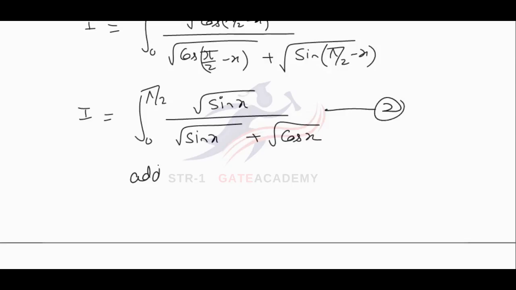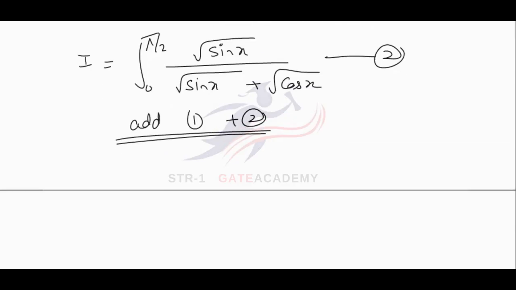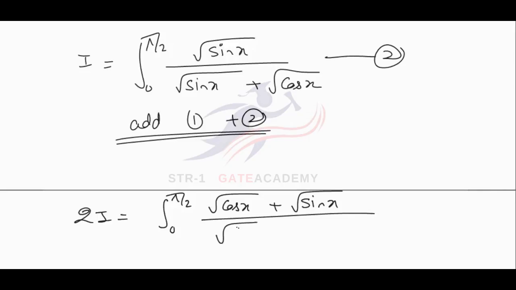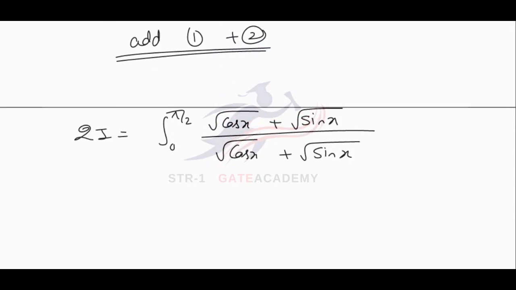Now if I add 1 and 2, what will I get on the left hand side? I plus I, that is 2I. And what will the integration give you? I'll combine the integration; the denominator is the same, so it is under root of cos x plus under root of sin x upon under root of cos x plus under root of sin x.